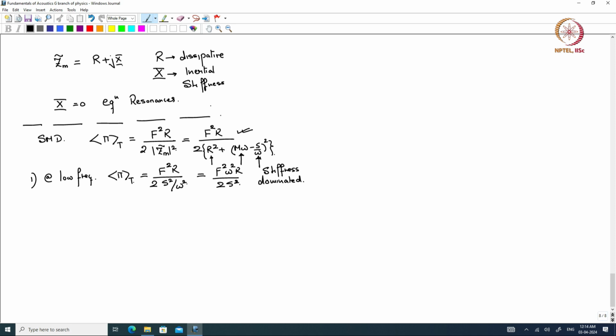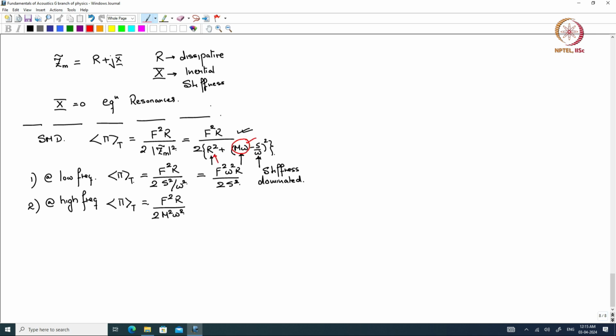Similarly, if we look at high frequencies, then the time averaged power looks like F squared R by twice m squared omega squared, and that is because as omega increases, this m omega term starts to overwhelm other terms.